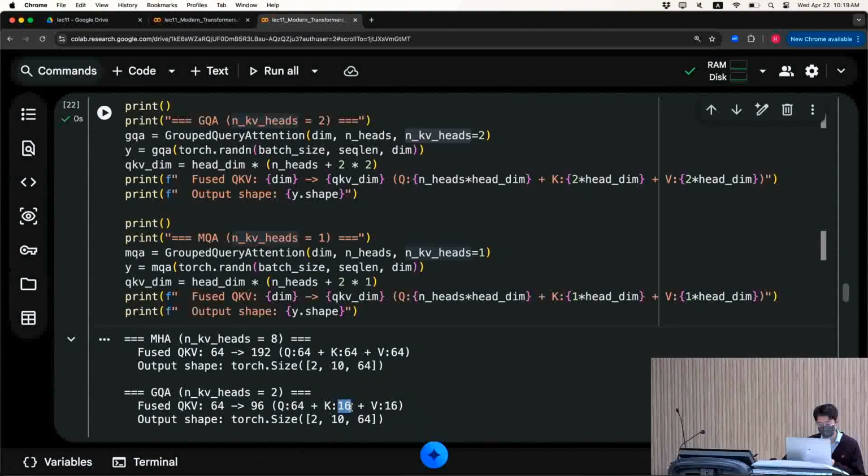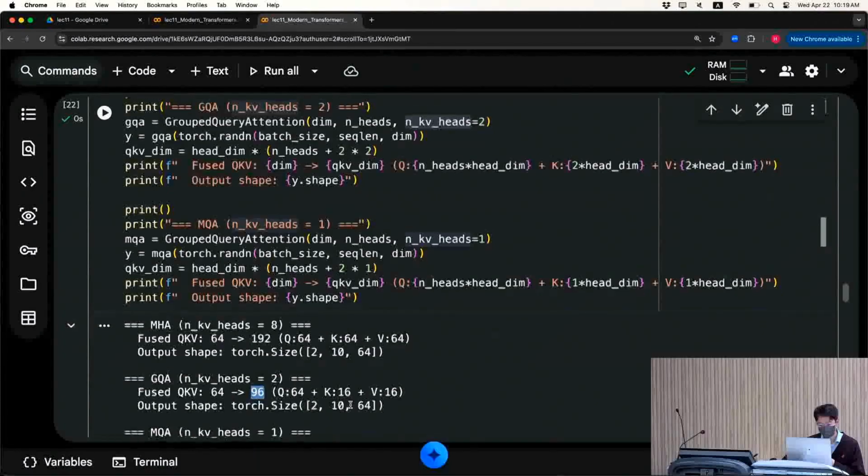And there is 60. Right, so this seems correct. So 4 query head is going to share a single K and V. So there's 16. So divide this number by 4. There's 16 key head and 16 value head. So add this up, and the fused projection is projecting from 64 to 96.